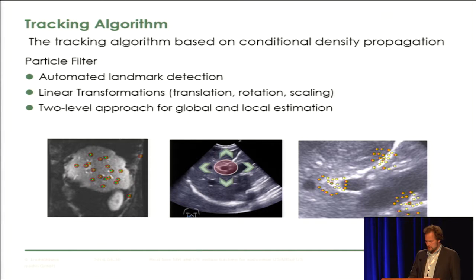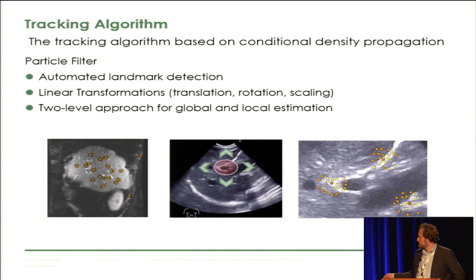But the first thing is that we do an automatic feature selection. So we find distinctive points or landmarks within the liver automatically and reduce them to a subset of feature points around this landmark. So we have feature points in a pattern that describes points in the image with higher and lower intensity as compared to the tracking position.